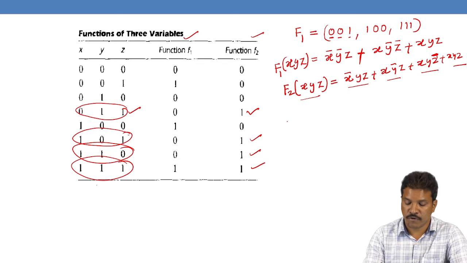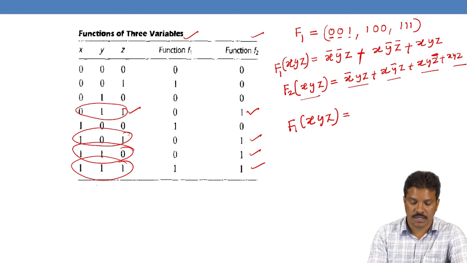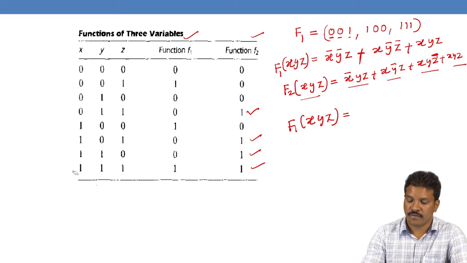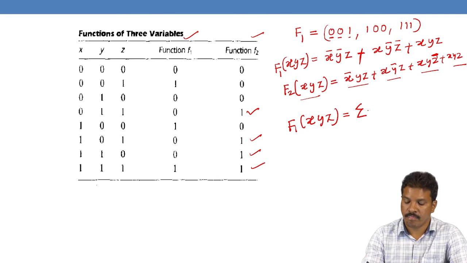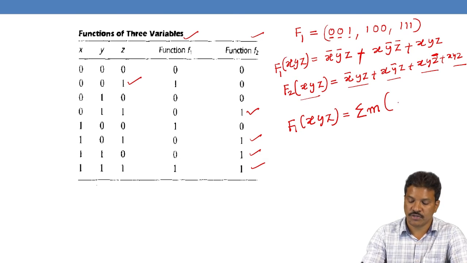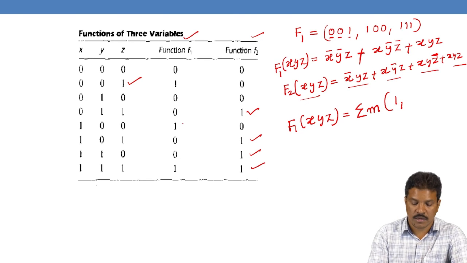First we will see f1. f1 of x y z can also be represented with a simple representation of these minterms with the symbol sigma m of the input combinations which exist for the function f1: 0 0 1 represented as 1, and the other outputs 4 and 7.